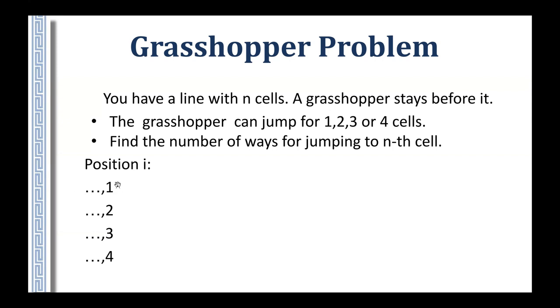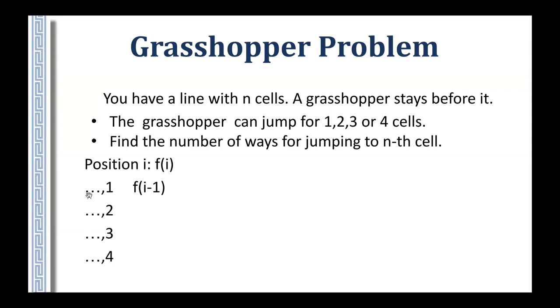But if we look at the first group, for example, before coming to position i, where should the grasshopper be? It should be on position i minus 1. So let Fi be the number of ways to come to position i. It is the sum of the numbers of ways from these four groups. If we come first to position i-1, then do one jump of size 1, we come to position i.